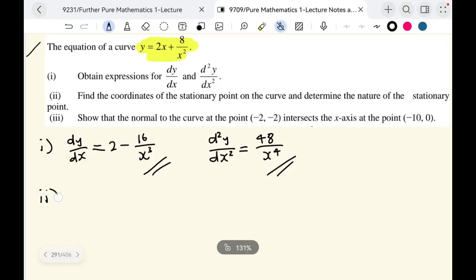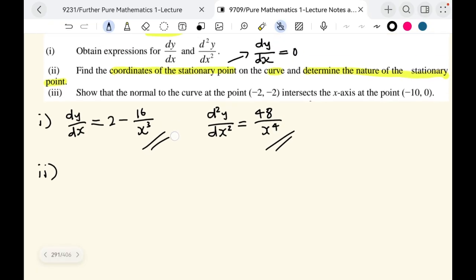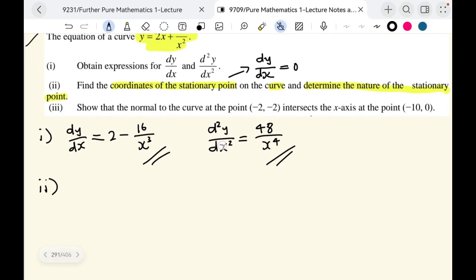Part 2. Find the coordinates of stationary points on the curve, okay, and determine the nature of the stationary point. So, coordinates means what? You have to find both the x and y coordinates. Okay, so what is the fact of the stationary point? dy dx is equal to 0, or the gradient of the tangent is equal to 0, or the tangent is horizontal.